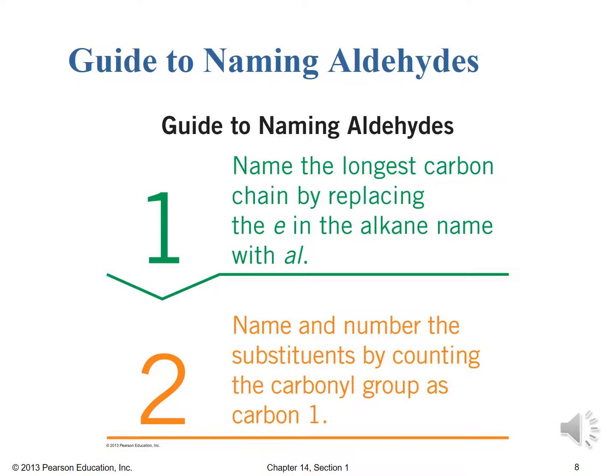The first step is to name that longest carbon chain by replacing the E in the alkane name with Al. Secondly, we didn't see it in that previous slide, but we have to name and number any substituents by counting that carbonyl carbon as carbon number 1. So this is the IUPAC naming. Again, we had some common naming for those first 4 that hopefully you've already gotten down.